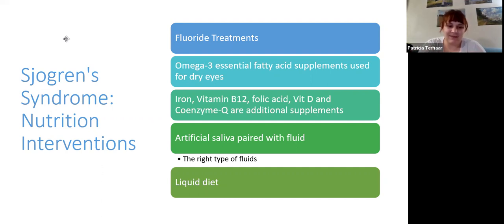Some patients may even go on a liquid diet, so there's special consideration in making sure they're getting all of the macronutrients and micronutrients they need through that liquid diet. You would also want to talk to the patient about diet textures and what works best for them, maybe even trying a puree diet versus a liquid diet.